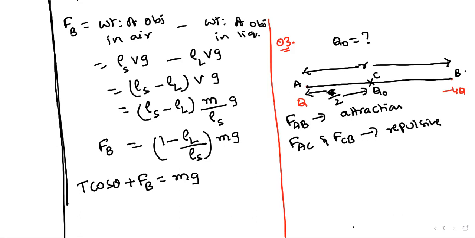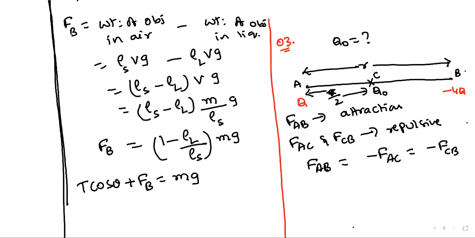In order to keep the particles in equilibrium, the attractive force must be equal and opposite to the repulsive force. So I can say that FAB is equal to minus FAC, that is minus FCB.